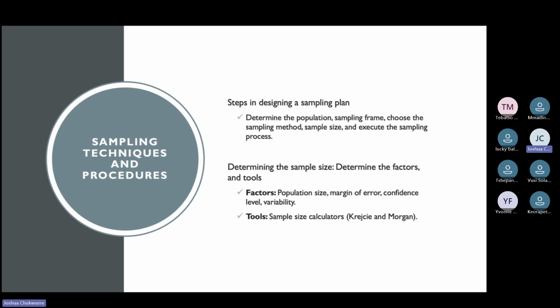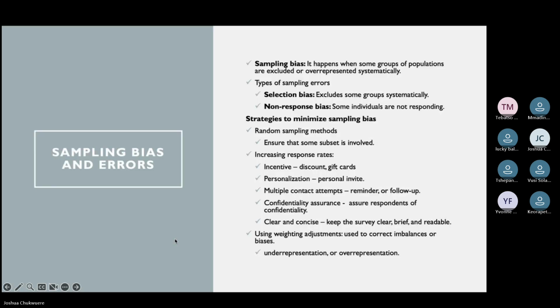So this Krejcie and Morgan is an example. There are others that you can always use to determine the sample size of your study. Okay, we should have talked about this before, but let's also look at them one after the other.